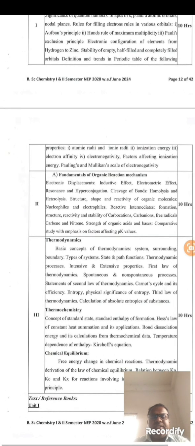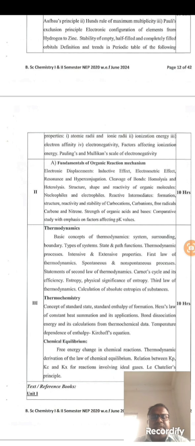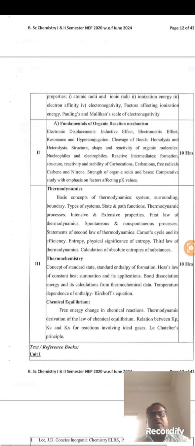This chapter includes electronic displacement, inductive effect, electromeric effect, resonance and hyperconjugation, cleavage of bonds, homolysis and heterolysis, structure and shapes of reactive organic molecules, nucleophiles, electrophiles, reactive intermediate formation, structure, reactivity and stability of carbanion, carbocation, free radical, carbenes, nitrenes, strength of organic acids and bases, comparative study with emphasis on factors affecting pK values.